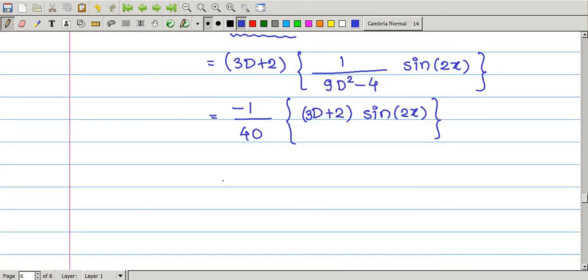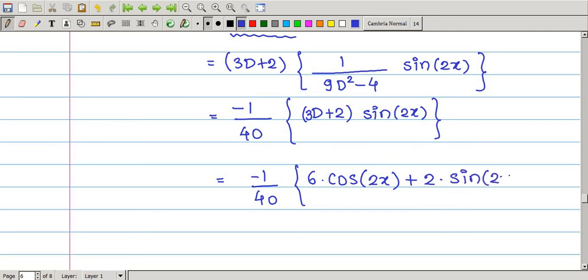So it is equal to minus 1 by 40 6 times. So derivative of sine 2x is 2 times cos 2x. So 3 into 2 is 6. So 6 into cos 2x plus 2 times sine 2x.